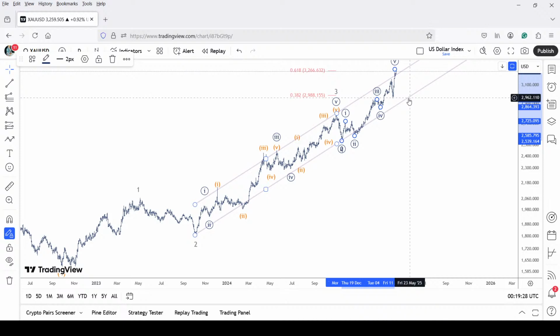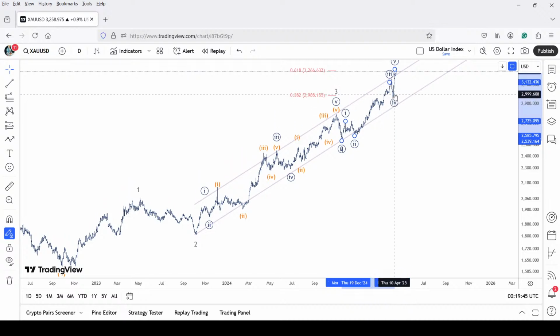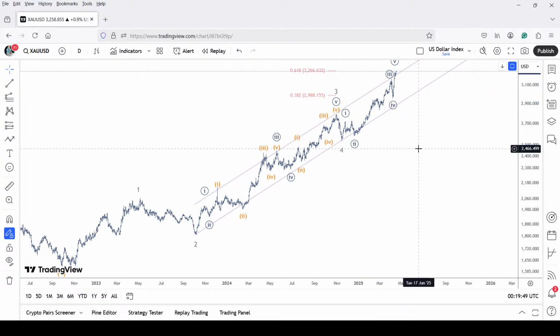And within that extension, we've got only wave 1, wave 2, and now wave 3 is producing. So if the alternate is unfolding, then I think gold is setting itself for a major rally towards 3335, and even higher levels.